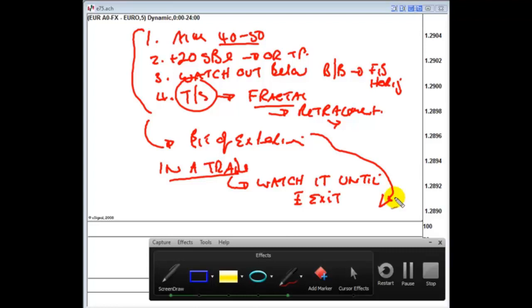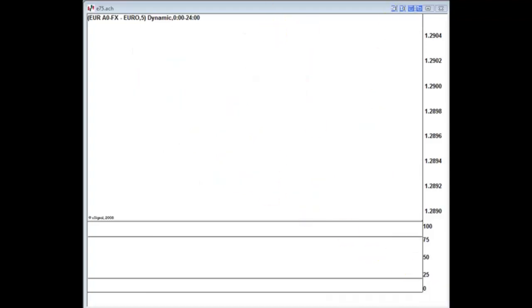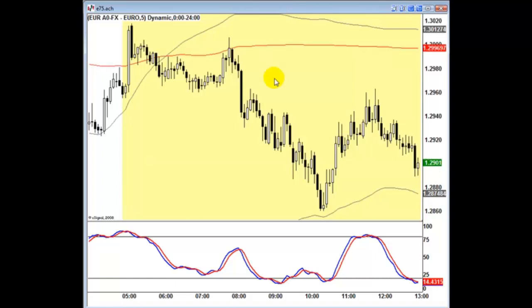Alright, there's nothing really much else I want to say about this right now. I'm just going to have a quick look at my notes, and there's nothing else I really want to say except for what I've written on the screen, and just to emphasize that everything up to the trade entry and moving stops to break even at plus 20 pips, or taking profit, is basically very objective.